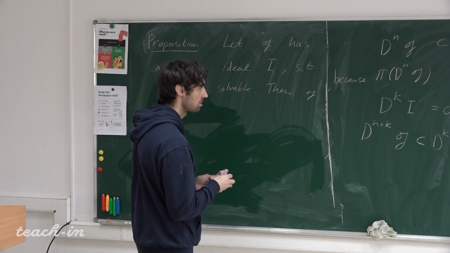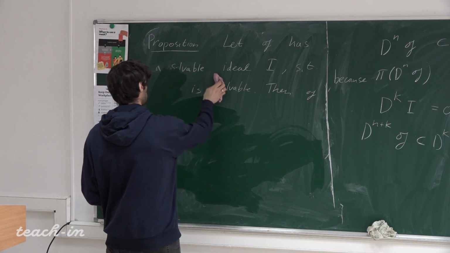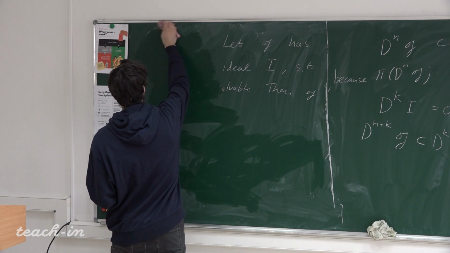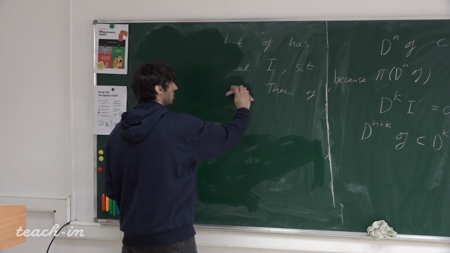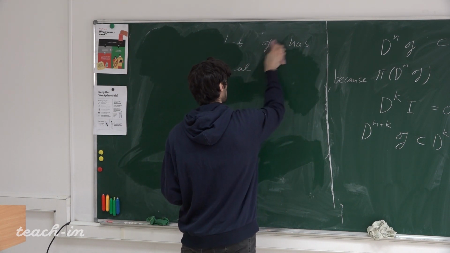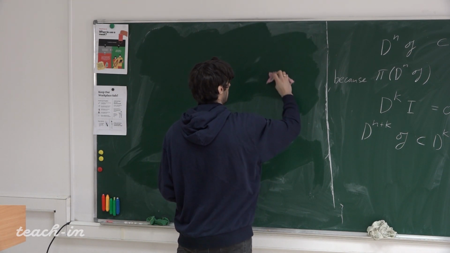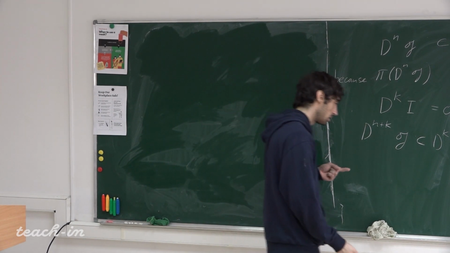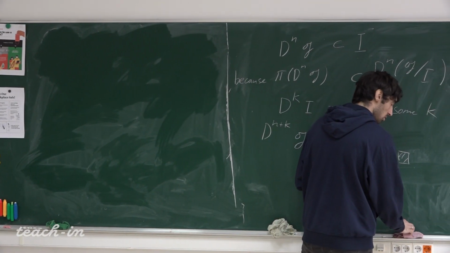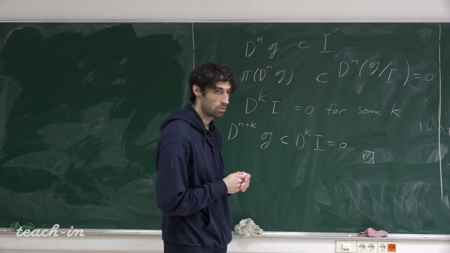The consequence of this, number one, is that for a solvable Lie algebra, the only irreducible finite dimensional representations are one-dimensional.